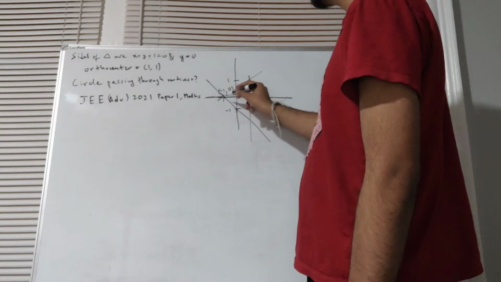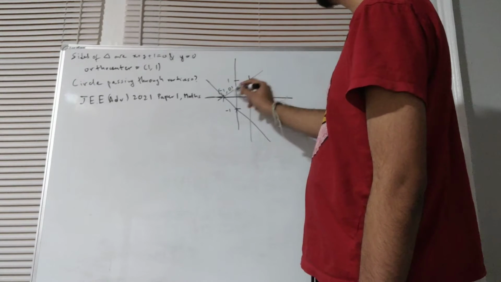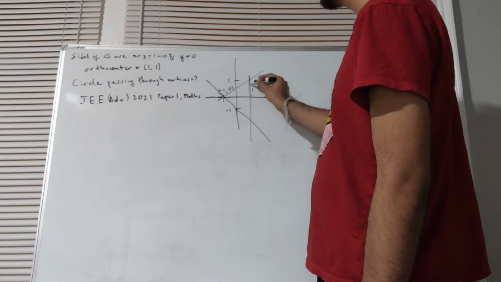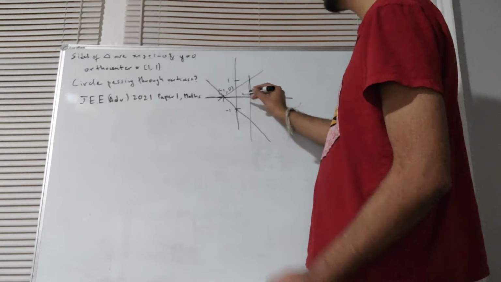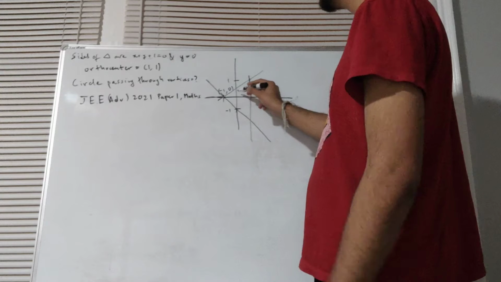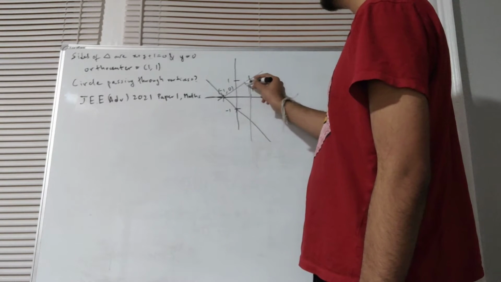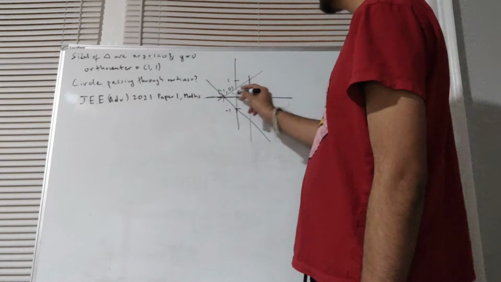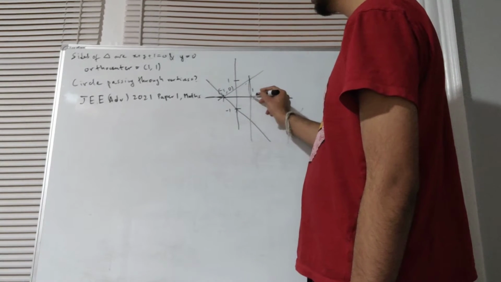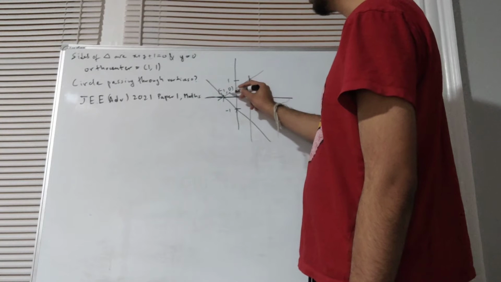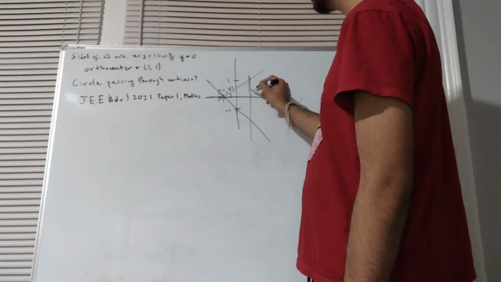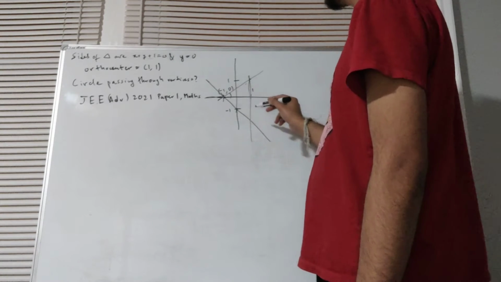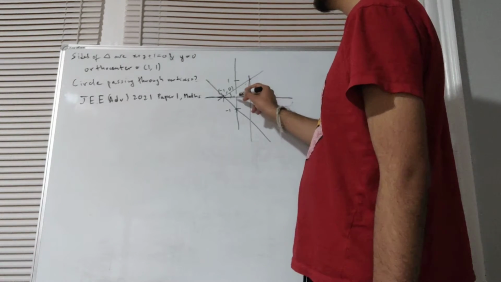However, if we look at the slope of this line, it is not 90 degrees to this, right? Because this is 2 units and this is 1 unit. So this angle is definitely less than 90. I mean less than 45, and this is 45.